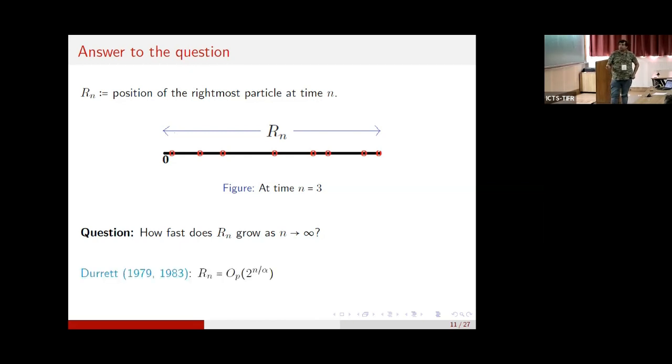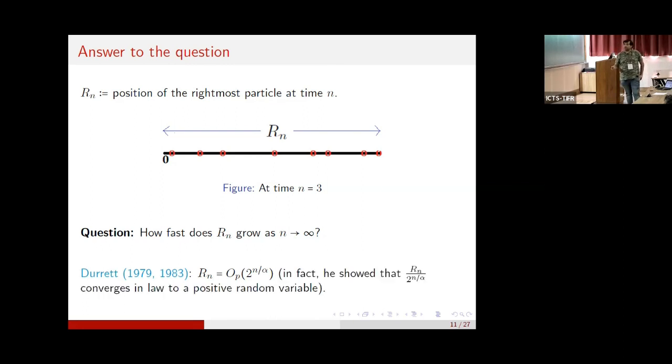It was proved by Rick Durrett that in this context, Rn actually grows like 2^n over alpha. He didn't just prove it for the binary case, he did it for the general case, but I'm just presenting his result in the binary case. He also showed that if you divide Rn by 2^n over alpha, it converges to a strictly positive random variable. It's basically the Frechet type extreme value random variable, if you know what it is.